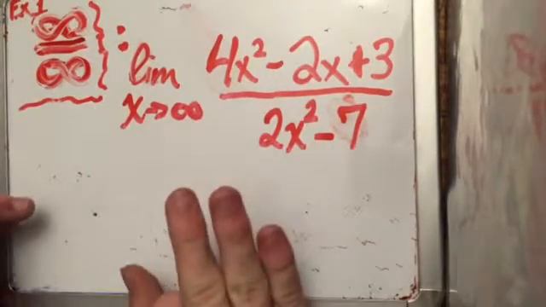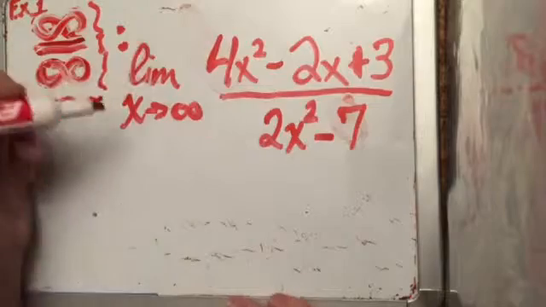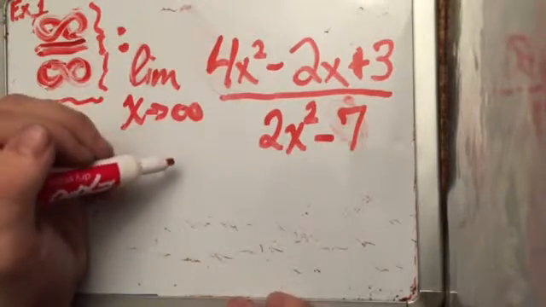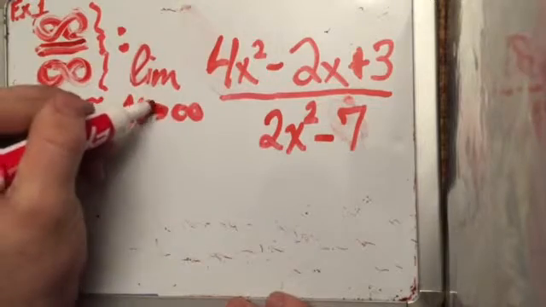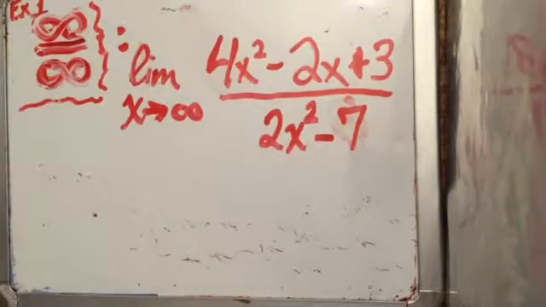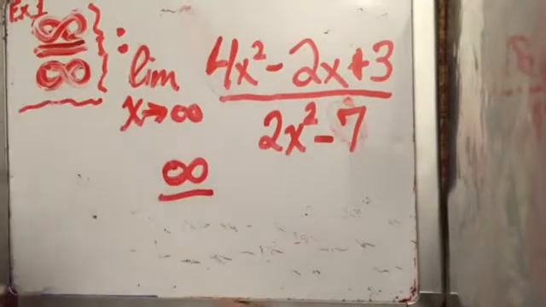First off, we're going to look at how we got the indeterminate form of infinity over infinity so we can classify it that way. As we take the limit as x goes to infinity of the numerator, we have a leading exponent of 2, so the function is going to infinity increasingly.